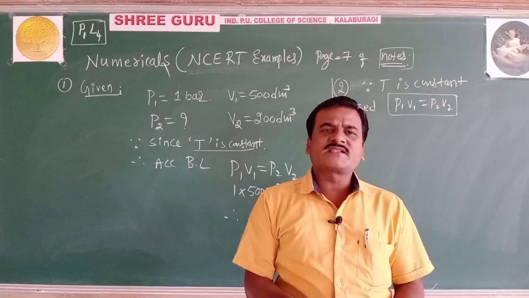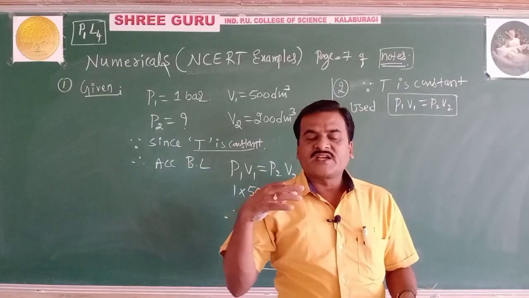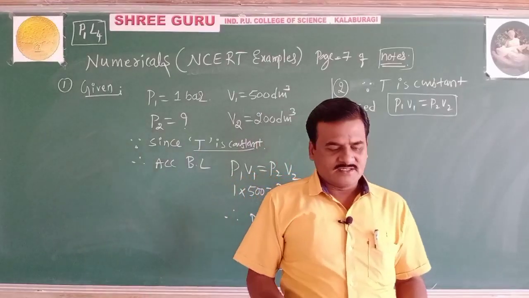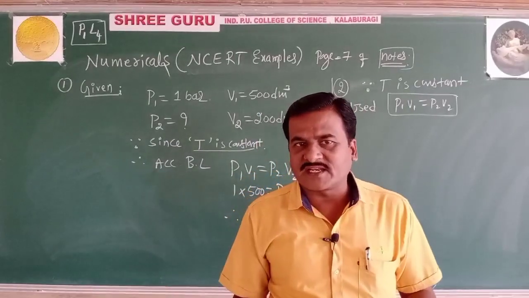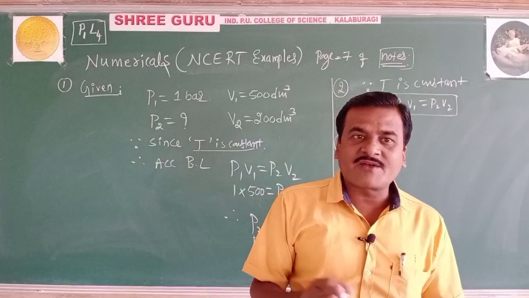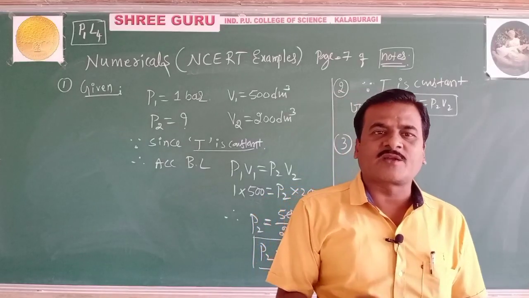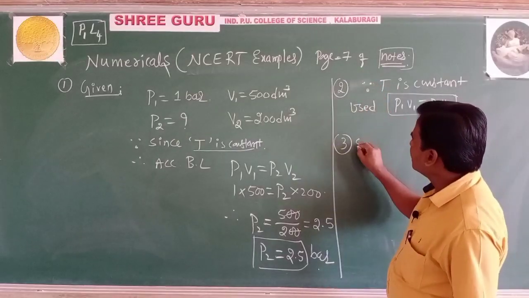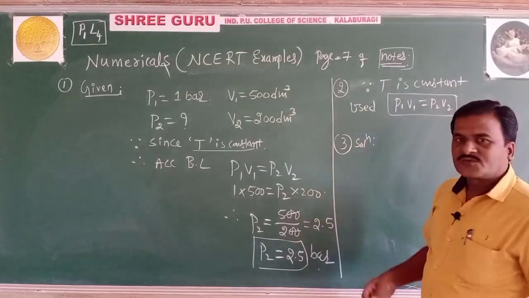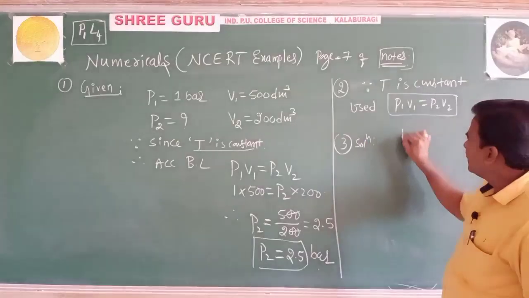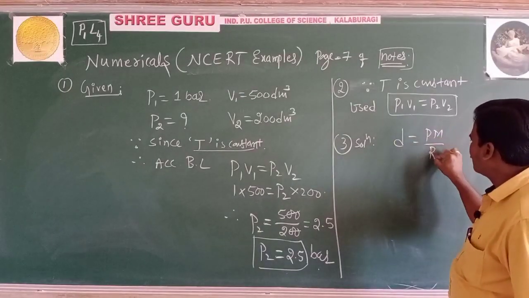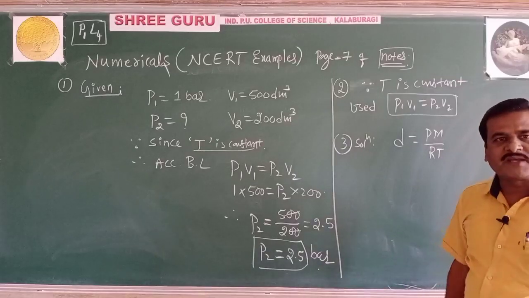This is the relation between the density and the molar mass of a gas. For the third, I'll write a solution. We have derived that equation: D equals PM by RT.